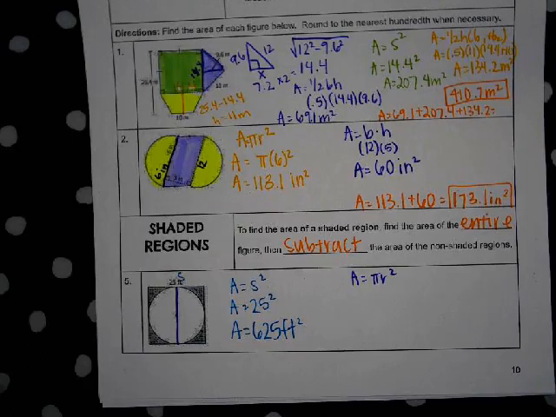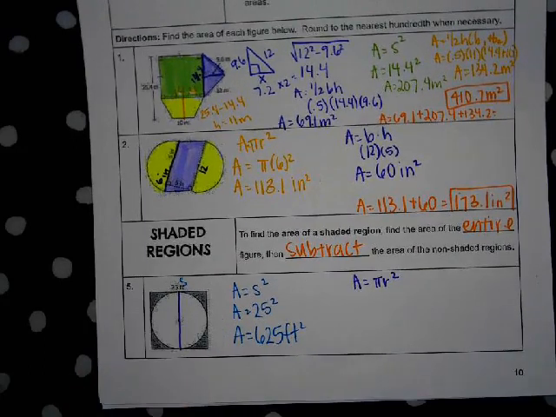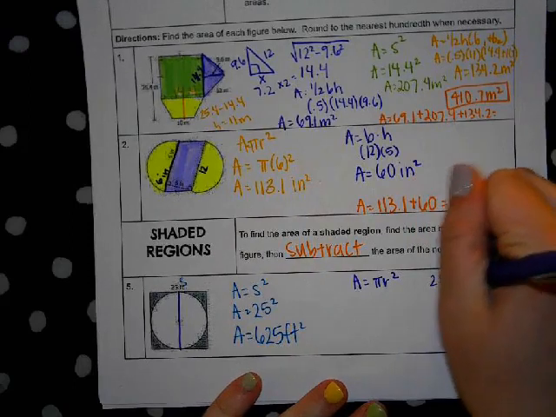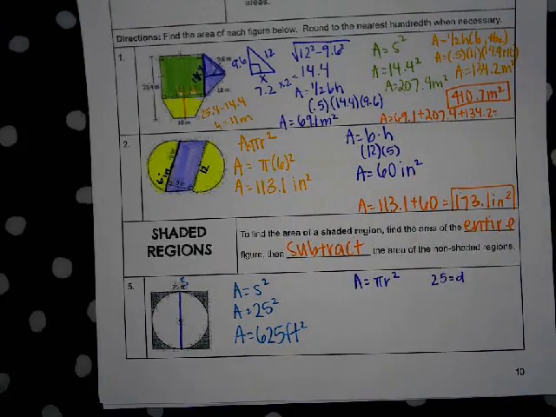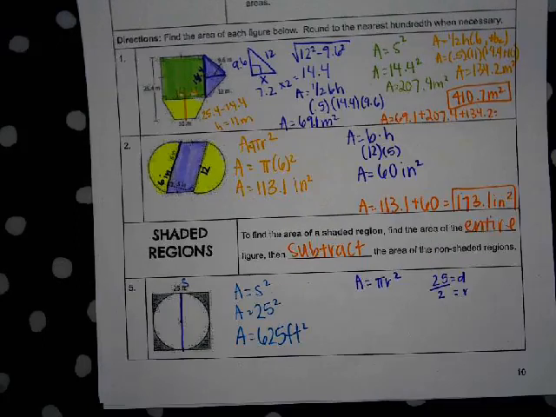This is the same as this side. That means the diameter of my circle has to be 25. Now, if 25 is equal to my diameter, how do I find radius from that? I divide it in half. So divided by 2 gives me the radius. 25 divided by 2 should give you 12.5.